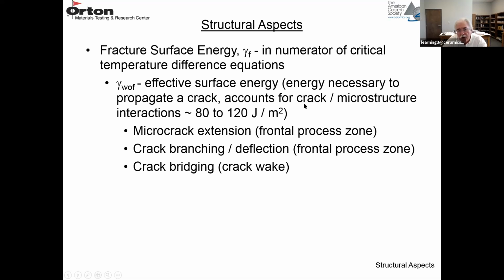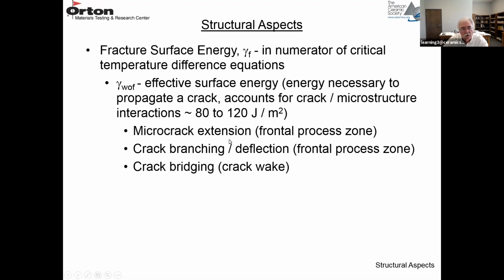So when you design a refractory to resist thermal shock, you're designing a refractory microstructure to resist crack propagation. And there's different ways of doing that. It turns out a crack has a frontal process zone and a crack wake. So you can design a microstructure for either one of these regions.